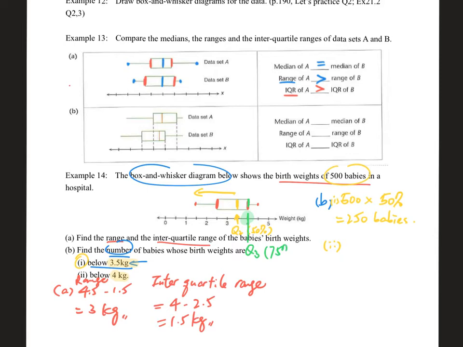Q3 stands for 75% of the babies being lower than this weight. So below 4 kg means that 75% of the 500 babies are below 4 kg. That's why you have 375 babies. Not very difficult, right?